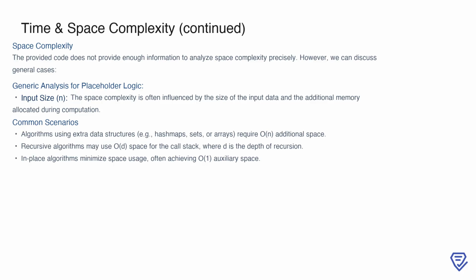Recursive algorithms, on the other hand, consume space for the call stack, which is proportional to the recursion depth, often O(d). Conversely, in-place algorithms aim to minimize memory usage by operating directly on the input data, achieving O(1) auxiliary space. Understanding these patterns is crucial for balancing memory efficiency with algorithmic performance.